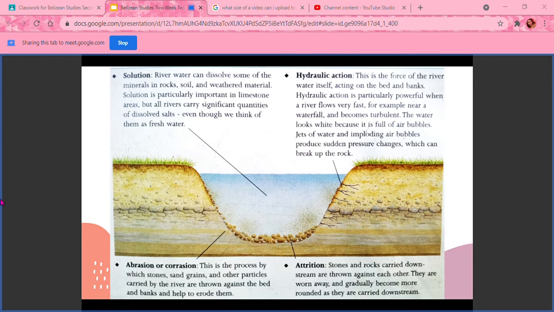Now hydraulic action, this is the force of the river water itself acting on the bed and banks. So if you guys have been to a river or have seen a river, you know that the water is flowing in one direction. The action of the force of water, because there has to be energy, there has to be force for the water to move.